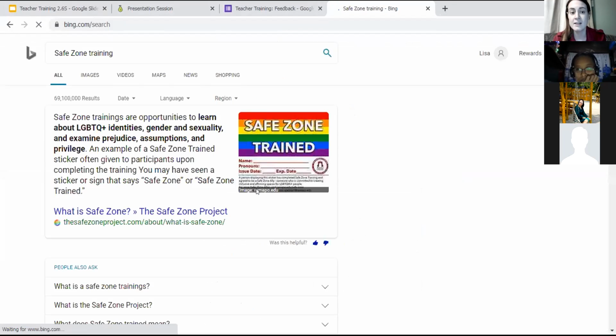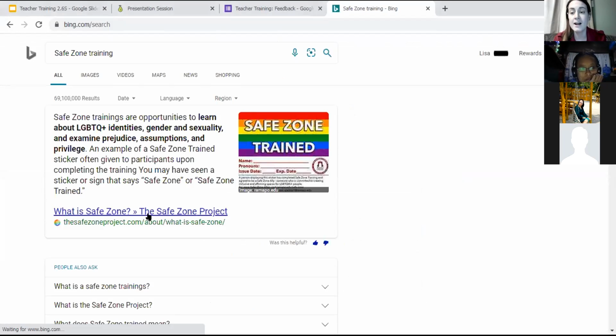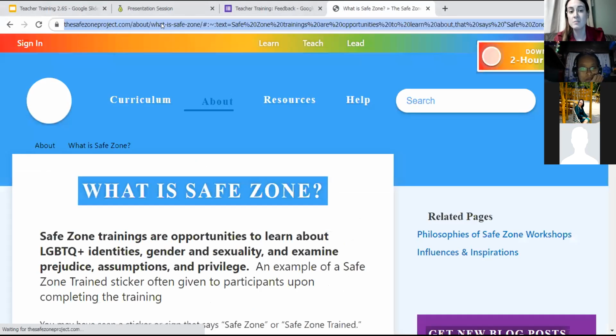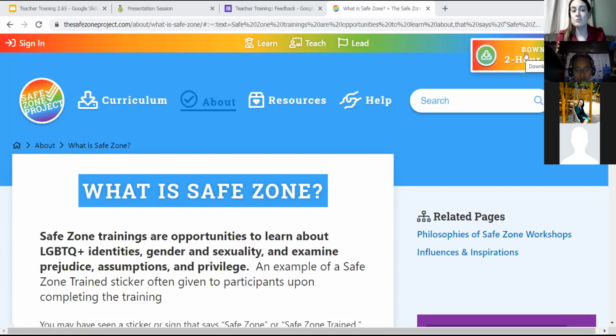There's a free safe zone training, with free material on how to teach and train other people around creating a safe zone. You can download a curriculum on how to create a safe zone and how to share knowledge about it with other people. But I haven't looked at it myself, so I don't know.